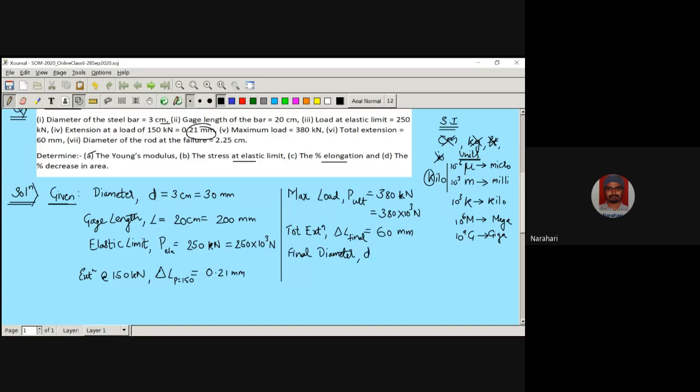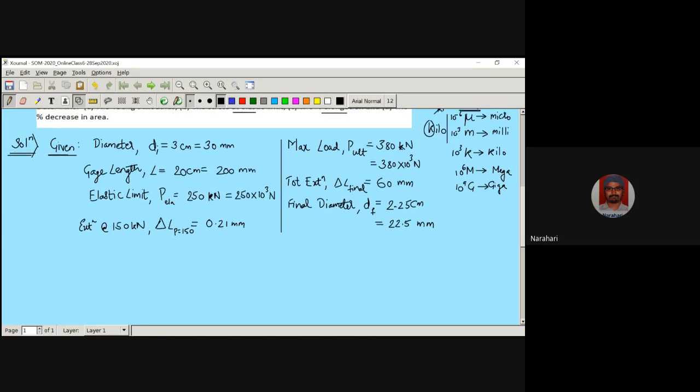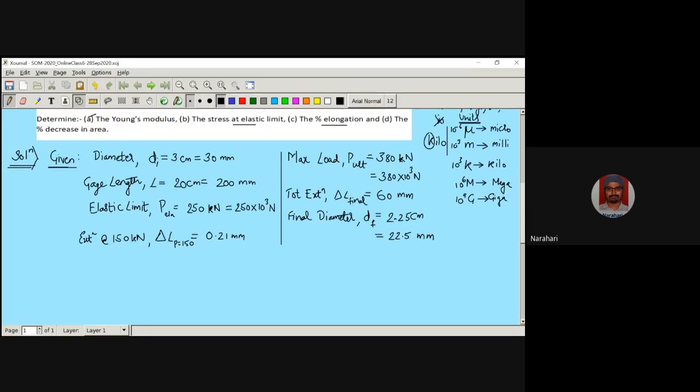You should not make it di, since that is the initial diameter. We note this down as the final diameter, which is 2.25 centimeter. So this is the set of given data we have. 7 data have been given, 7 data we have written down. What all we need to find out?